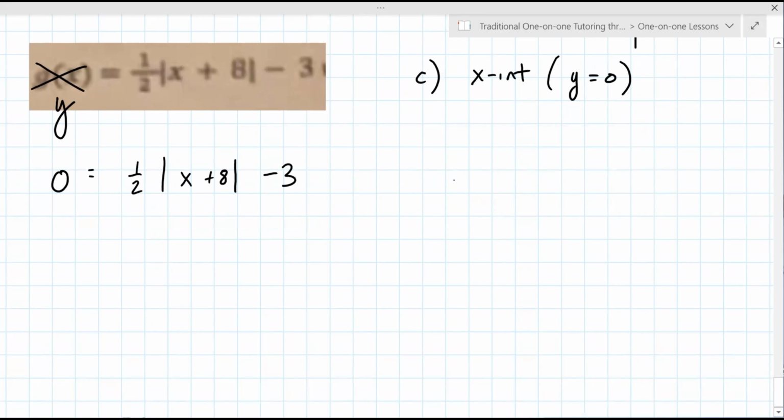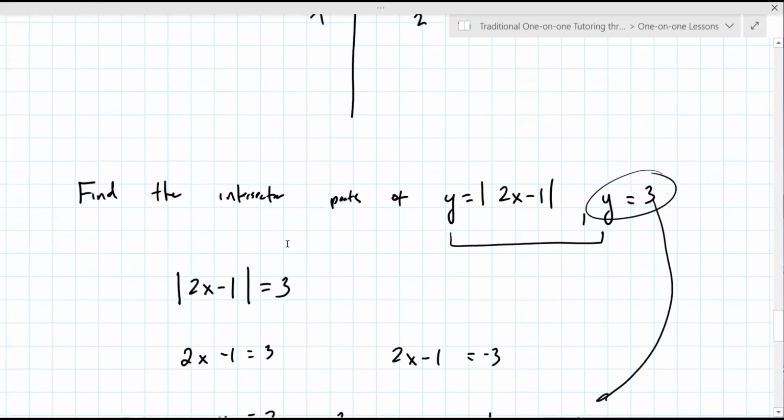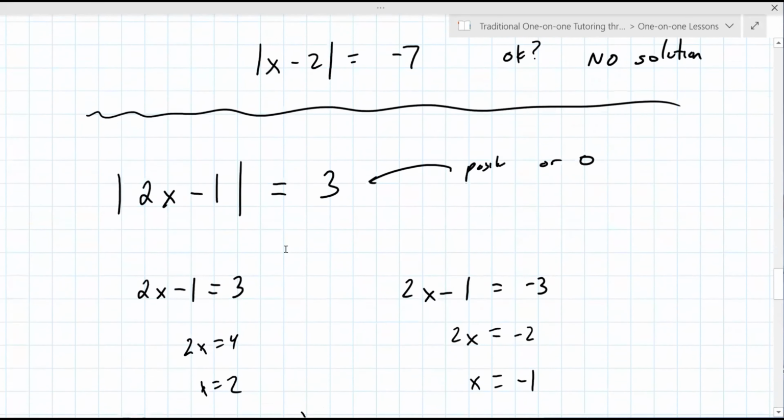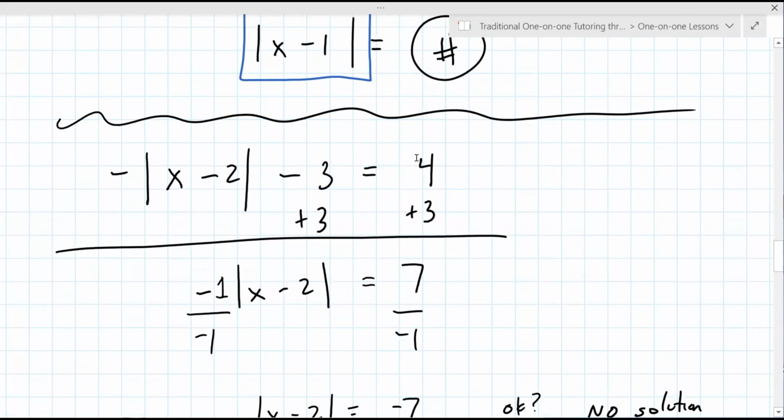Well, no. Let's go back and look because you did a bunch of these. What did you do in this problem? I added 3. Why? What was your goal? I wanted to get the absolute value by itself.